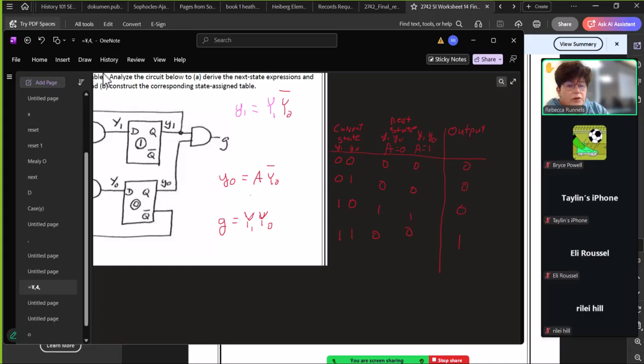When A is 0, the AND of A with anything will be 0, so that'll be 0, 0, 0, 0. And when A is 1, it'll just be whatever the not of y0 is. So that'd be 1, 0, 1, 0.